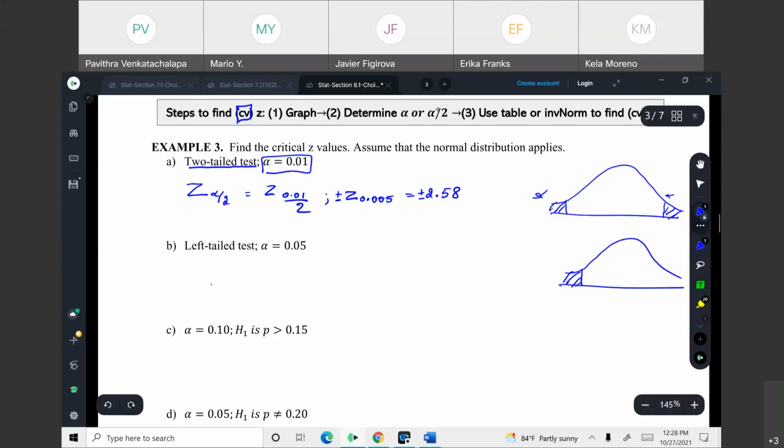Use inverse norm in your calculator of the area, 1 minus 0.005.